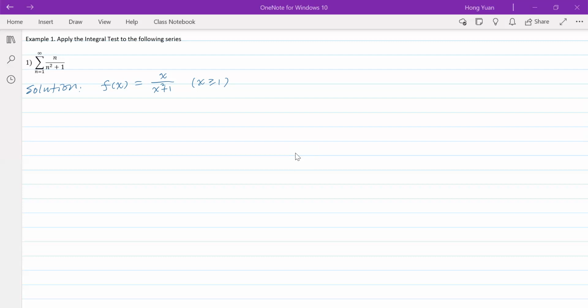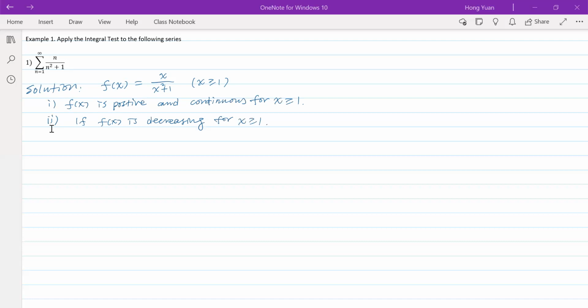Okay, so let's see. f of x obviously is positive and continuous for all x greater than or equal to 1. Second, we need to find if f of x is decreasing for all x greater than or equal to 1.